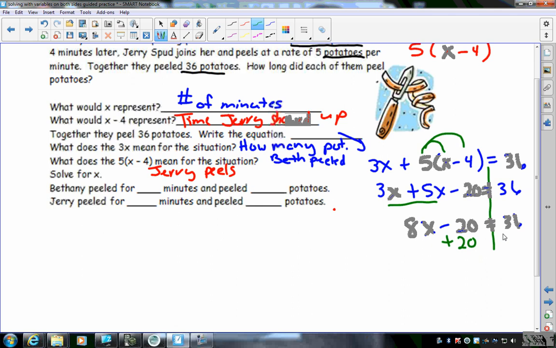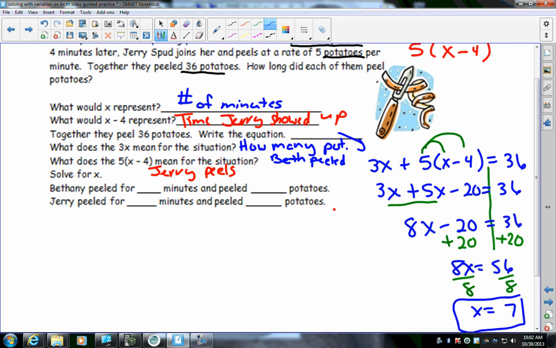Add 20 to each side. 8X equals 56. Divide by 8. Now X equals 7. Okay?